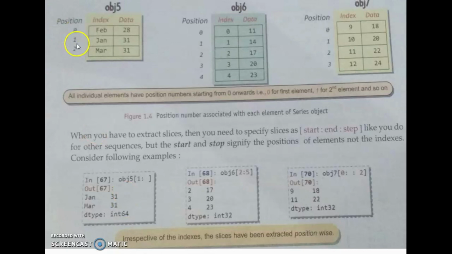Position 1, Jan 31, then 2, Mar 31. From the first position onwards, it will take all the remaining values. Okay. Why was the stop value not specified here? That is why. Clear?